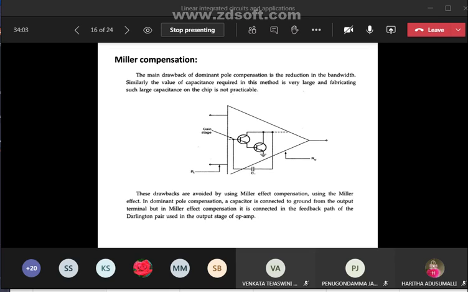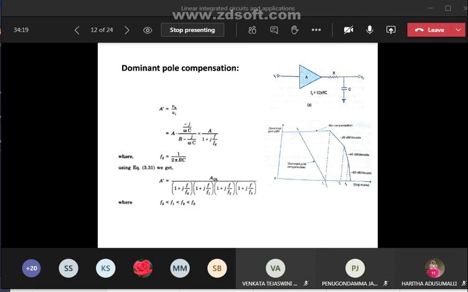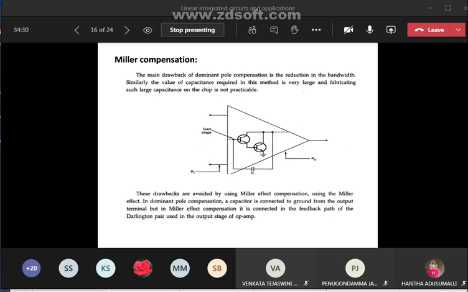See here, in the dominant pole the capacitor is connected to ground from the output terminal, but in Miller effect compensation the capacitor is connected here, in the feedback path.